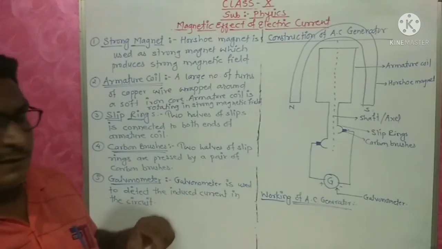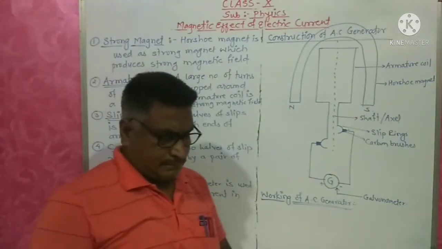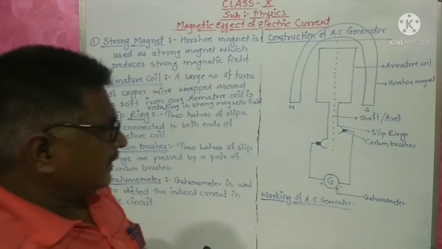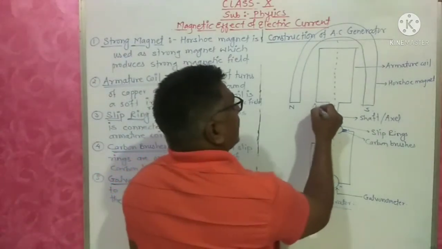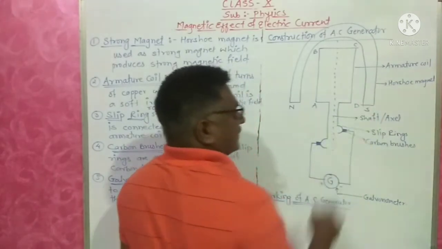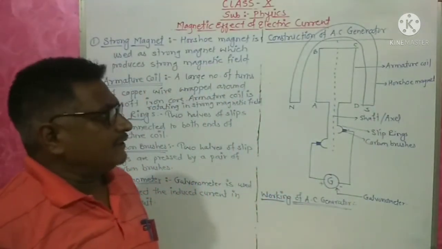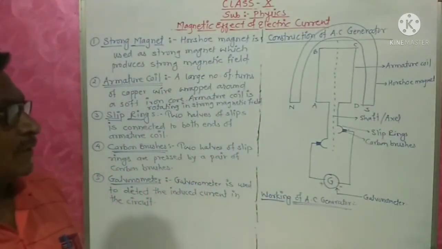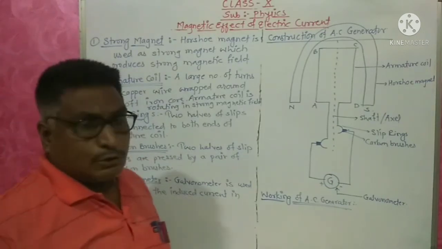So what we are doing, this armature coil, let us give the names A, B, C, D. When we rotate, what will happen?